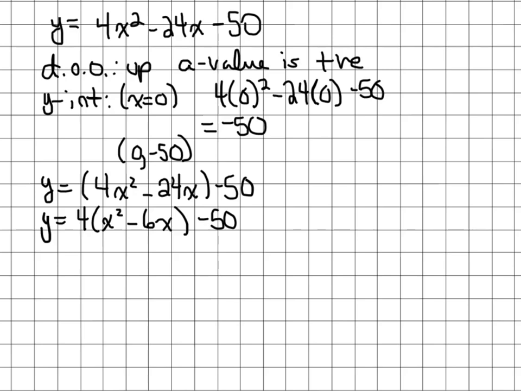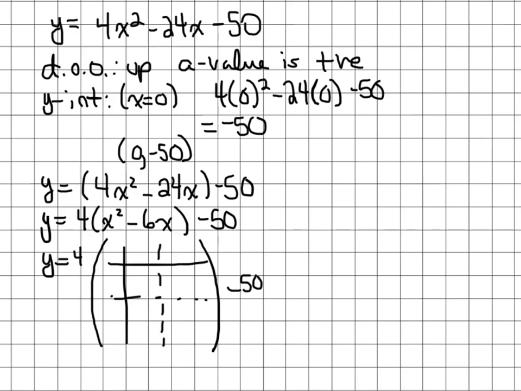I'm going to put this into the chart, so I have my 4. So x squared goes here. Then I have to evenly distribute the x's into these two, so I can have a perfect square. So I have minus 3 and minus 3. To fill in the bottom right-hand corner, I will need to borrow 9 from the bank, because minus 3 times minus 3 is 9.